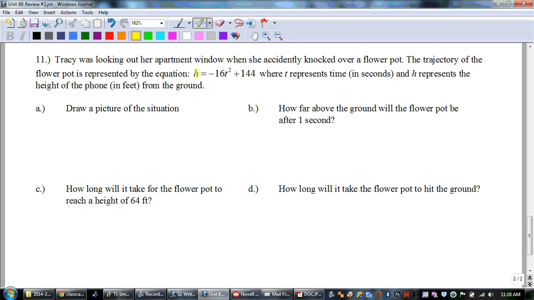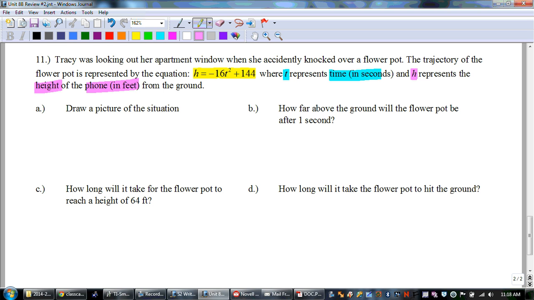Let's see, I'm just going to highlight this right here. T is the time in seconds. H is the height in feet. All right. Good luck.